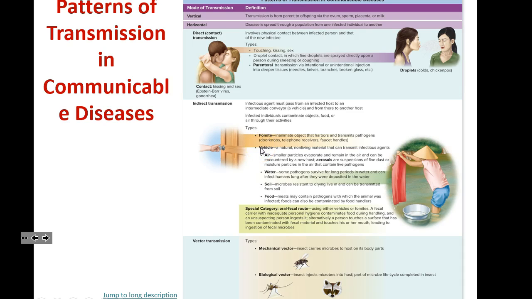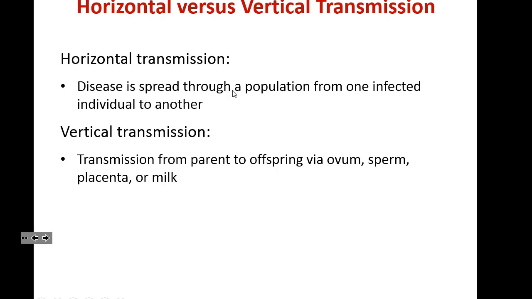We have patterns of transmission in communicable diseases. Kissing and sex are horizontal or vertical? I'm just asking. Look at the definitions again.